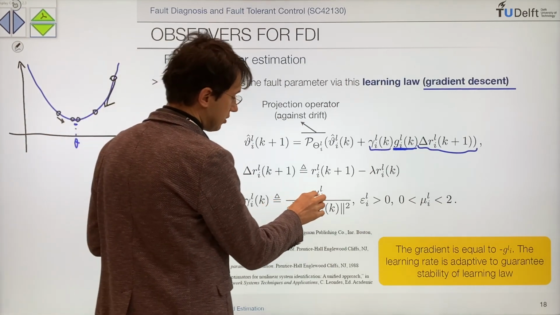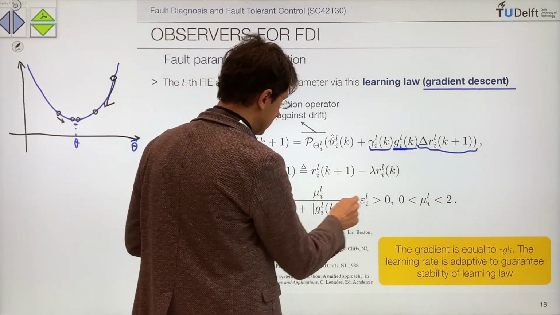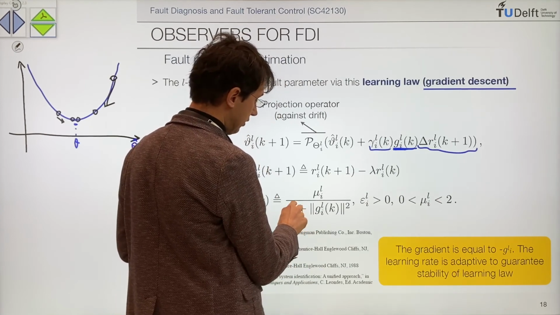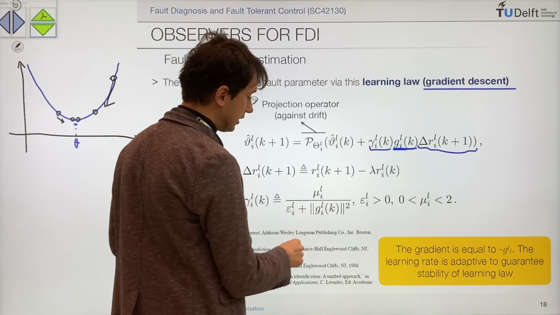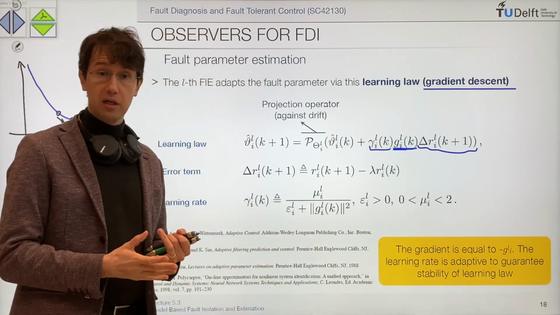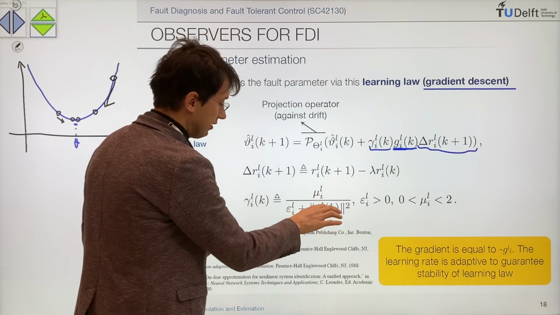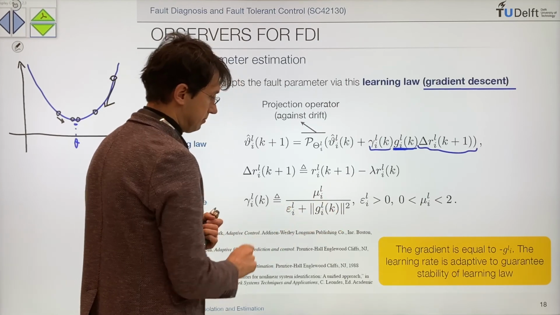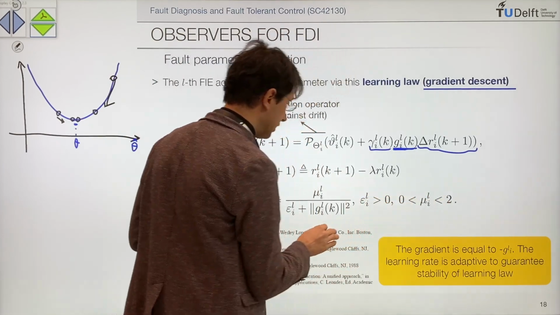So what are these two coefficients, mu and epsilon, doing? Well, epsilon is some number that is different than 0 and positive. This is to account for the fact that sometimes the gradient can be equal to 0 or very small. So you don't want to get a division by 0 when the gradient is 0. So we put this here. And mu is a number between 0 and 2.